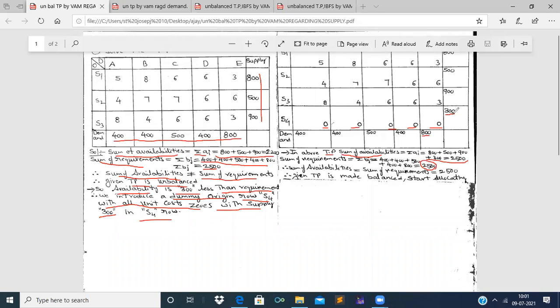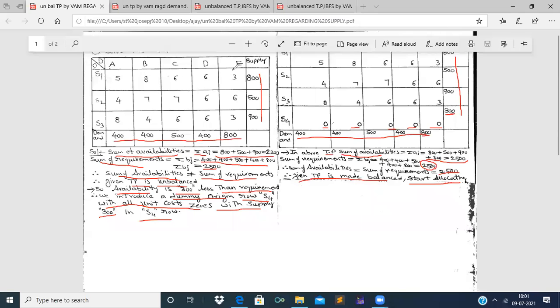We have added 300 regarding the row. So the sum of availabilities and the sum of requirements are made the same. So the given transportation problem is made balanced. Now we start allocating.